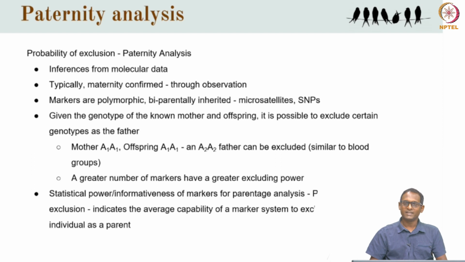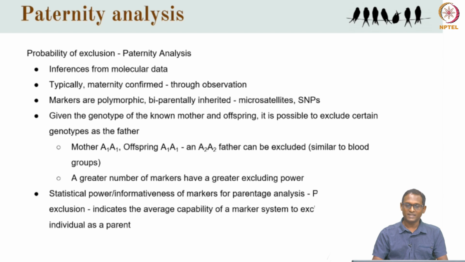So the overall idea of paternity analysis is by looking at the probability of exclusion, and I'll explain that. The inferences are from molecular data, so you need SNP data, microsatellite data, or some such, and typically maternity is confirmed through observation. That is, usually you know who the mother is, it's with the young or something like that.